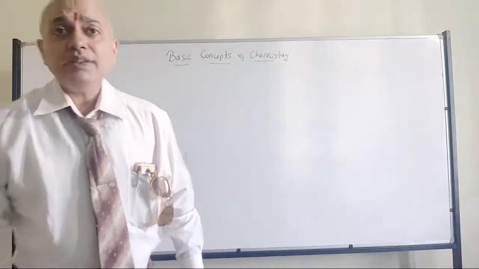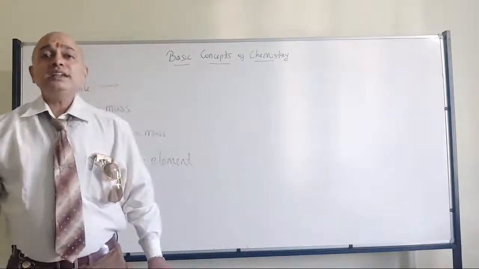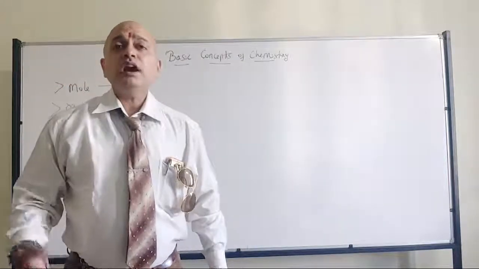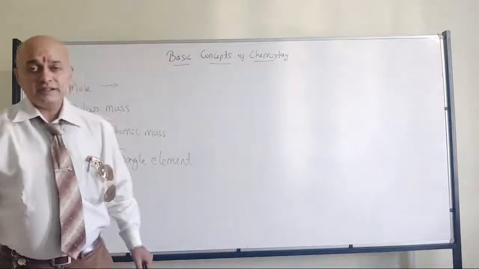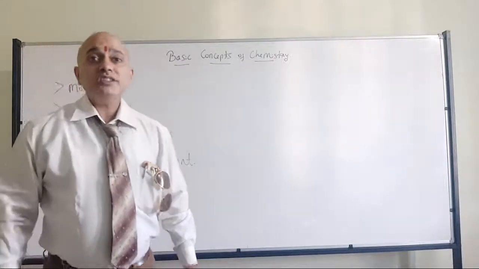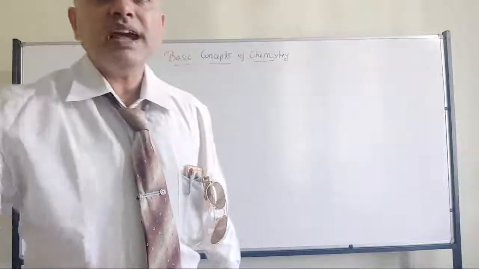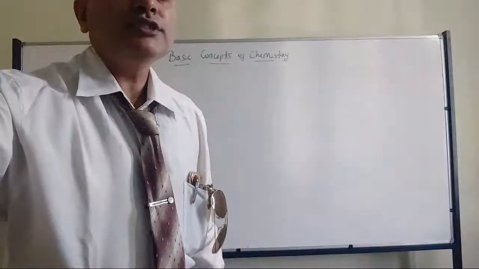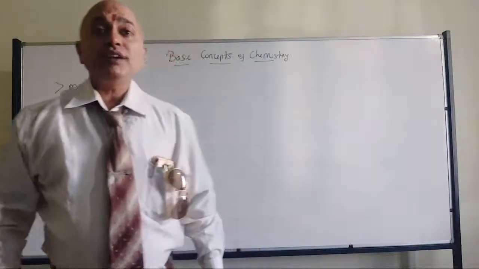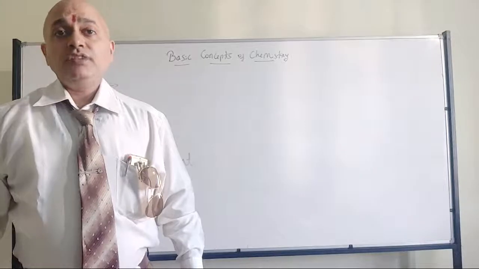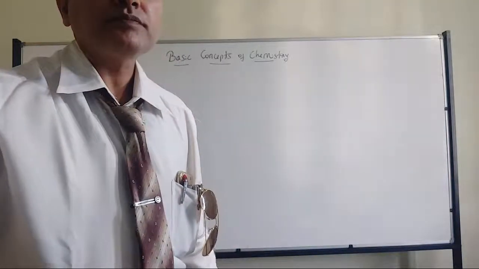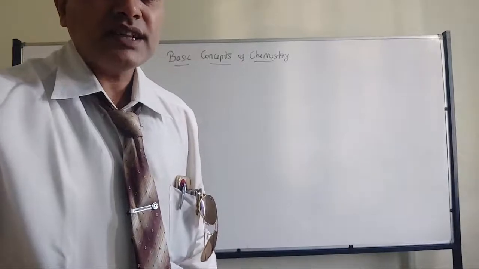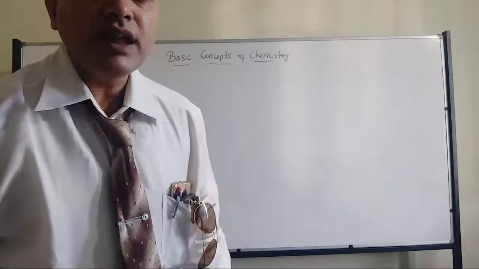If in the examination they are asked what is a mole, define mole, some of the students will write it as 6.022 into 10 to the power of 23. If you write only that number, you are not going to get the marks, right?